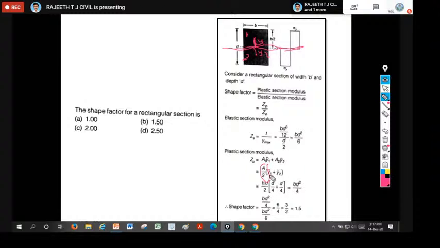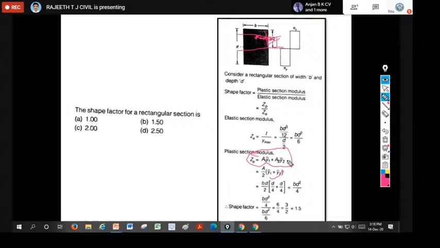So A by 2 into y1 plus y2. The area is BD by 2, and y1 is D by 4. The location of the centroid for the first element is D by 2 by 2, that is D by 4. So from the neutral axis or equal area axis, y1 is D by 4.